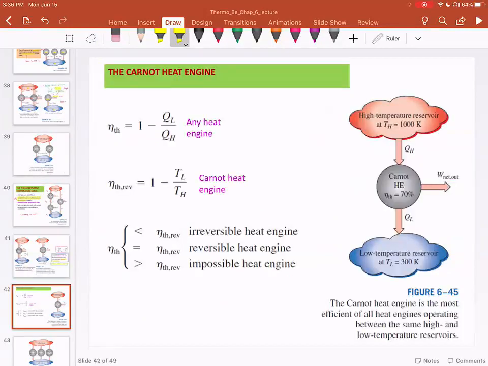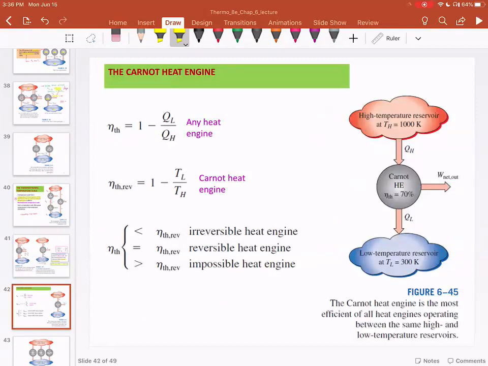Now, a Carnot heat engine is similar to the heat engines that we saw, except a Carnot heat engine is completely reversible.